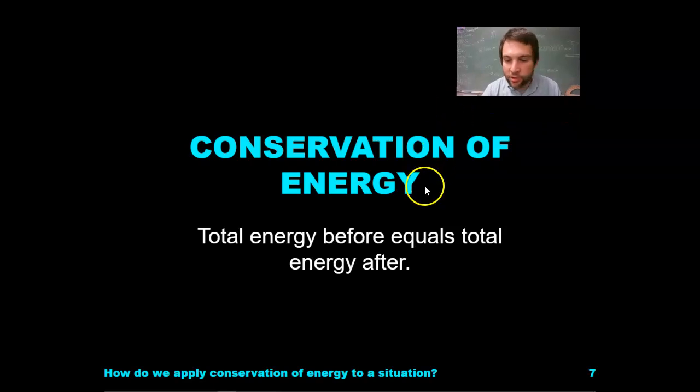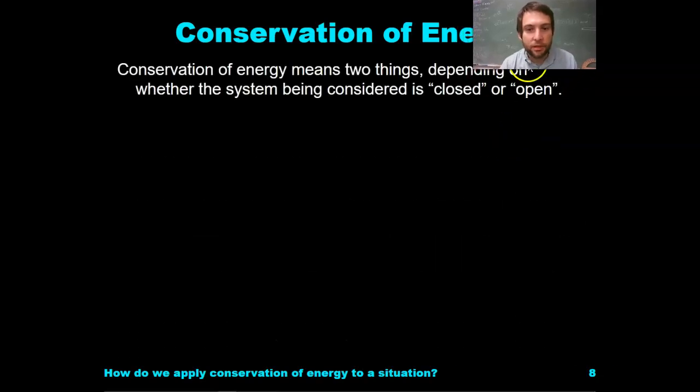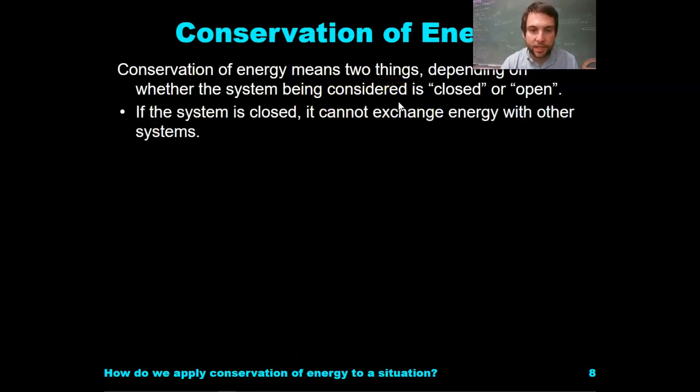Conservation of energy. Total energy before equals total energy after. Not a new concept here, so we can blow right through this probably, right? Conservation of energy means two things depending on whether the system is being considered closed or open. If the system is closed, it cannot exchange energy with other systems. So energy can't leave, energy can't come in.